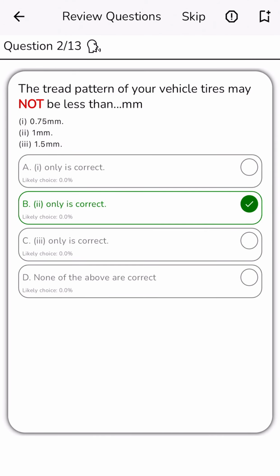The tread pattern of your vehicle tires may not be less than what? We just know that anything that is not 1 millimeter will not be what we are looking for, because the minimum tire tread has to be 1 millimeter.